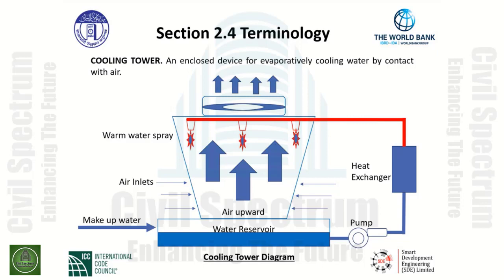The water picks up the heat from the condenser in the chiller, and we have the warm water outlet of the heat exchanger that is piped to the nozzles on the top of the cooling tower. The nozzles spray this warm water in direct contact with airflow coming from the fan power of the cooling tower.